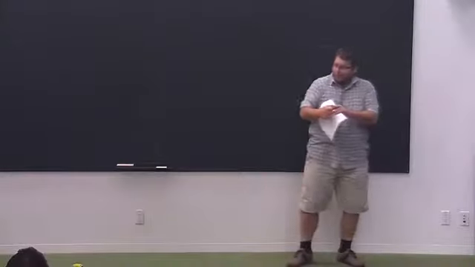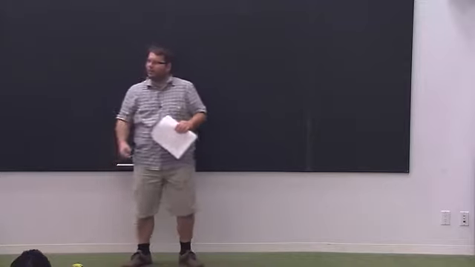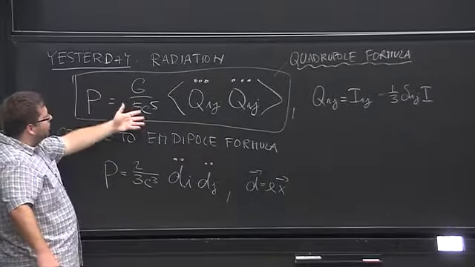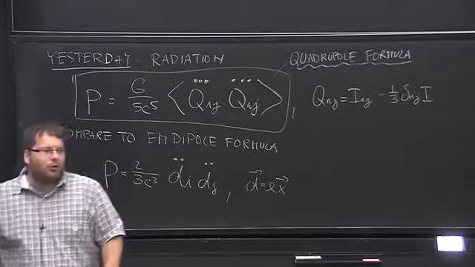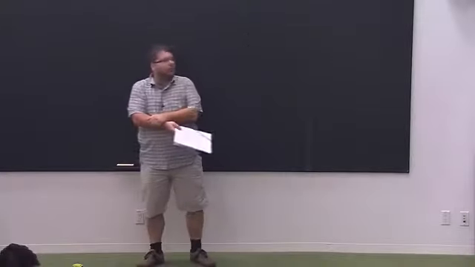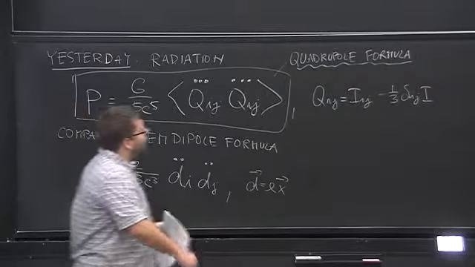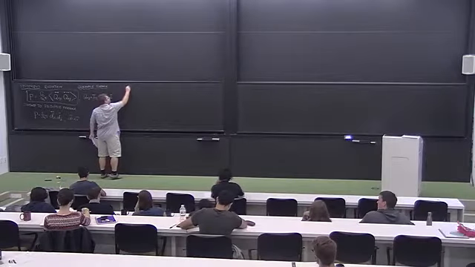But the higher pole you go, typically the signal is weaker. So this is really the leading order, and it's given by G over c^5, and then simply three derivatives of the traceless quadrupole tensor.